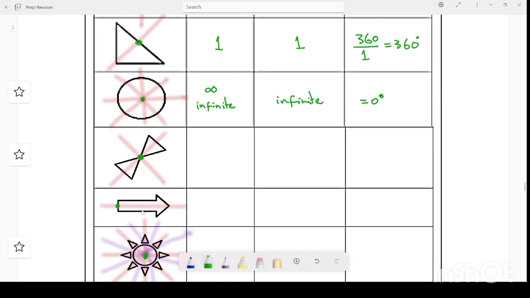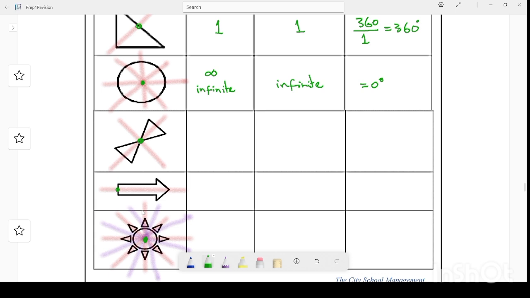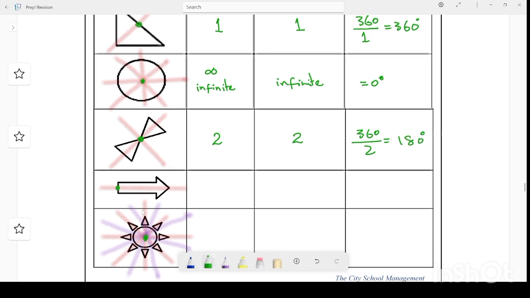Okay, in this shape there are two lines of symmetry, so the order of rotation symmetry is also 2, and that is why 360 divided by 2 gives us the angle of rotation symmetry, which is 180 degrees.